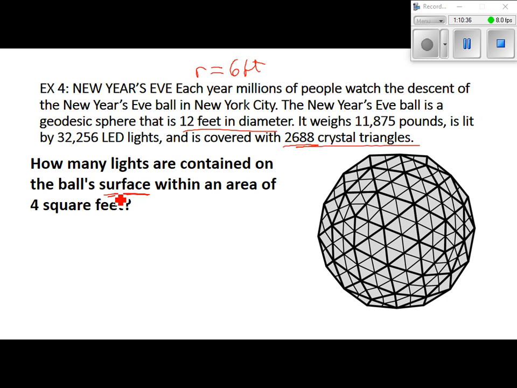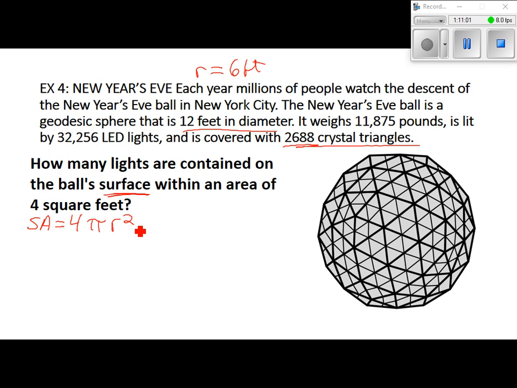So what we're looking at here is the surface area, and this is the surface area of a sphere. So if you go back in your notes and find the formula for surface area of a sphere, the formula is 4 times pi times radius squared.